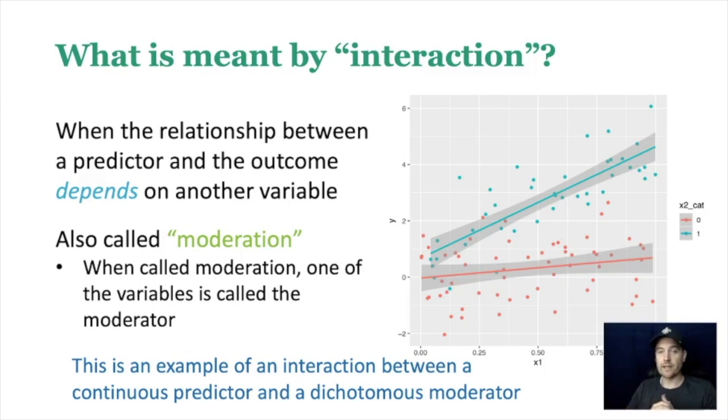And here you can see that the effect or the relationship between x1 and y is pretty small. The line is pretty flat when x2 is 0, but is a lot steeper. There's a lot stronger of a relationship when x2 cat is 1. So that means that the relationship between x1 and y depends on if you are 0 or 1 on x2.